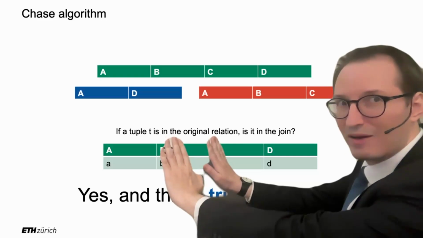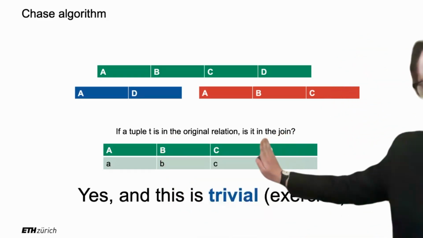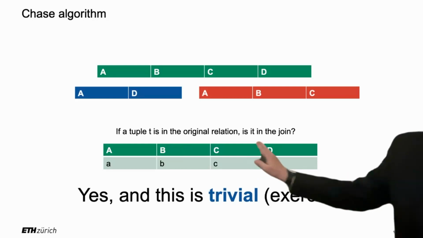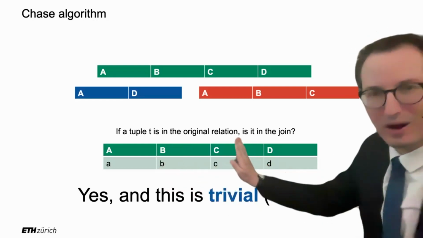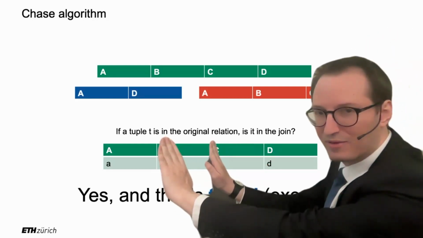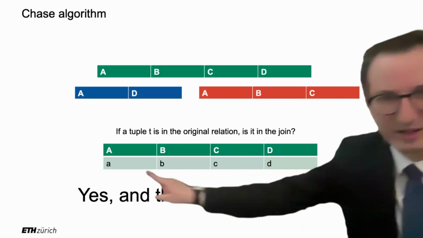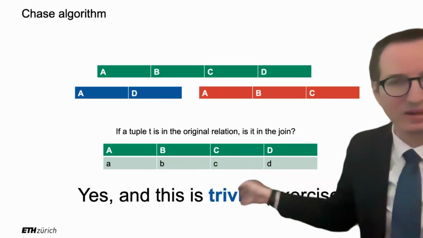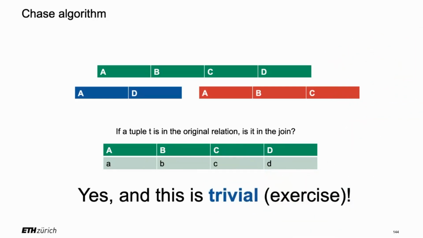So this is what you have on the left. And this is what you have on the right. Do you agree that it will be in the join because you have that on the left that's going to be matched with that on the right? It's the same value of A, and you retrieve ABCD. So we've just proven that it was in the original relation, and it is also in the join, right?